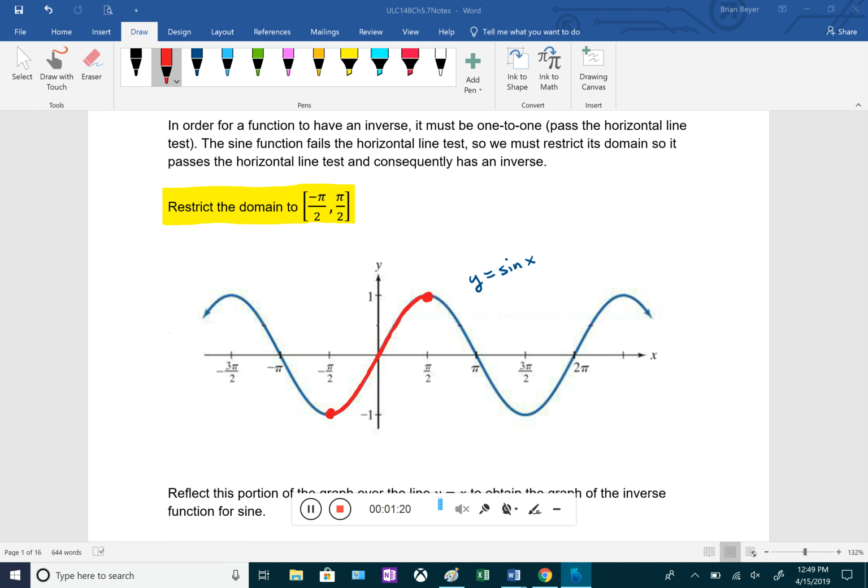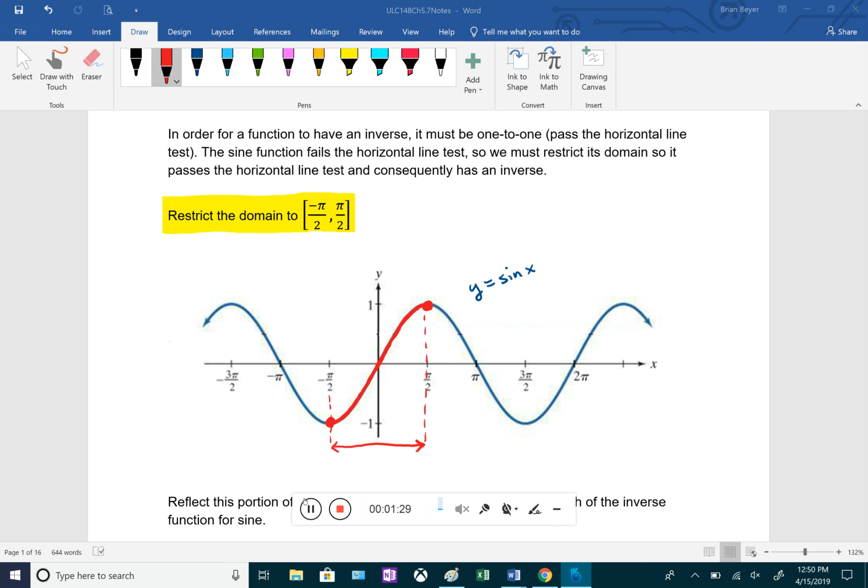So what we're going to do is pretend like the sine function only exists from negative pi over 2 to positive pi over 2. Technically we could have picked any portion of the sine curve that would pass the horizontal line test. We could have picked from here to here, that would have also worked, but the agreed upon domain is negative pi over 2 to positive pi over 2.